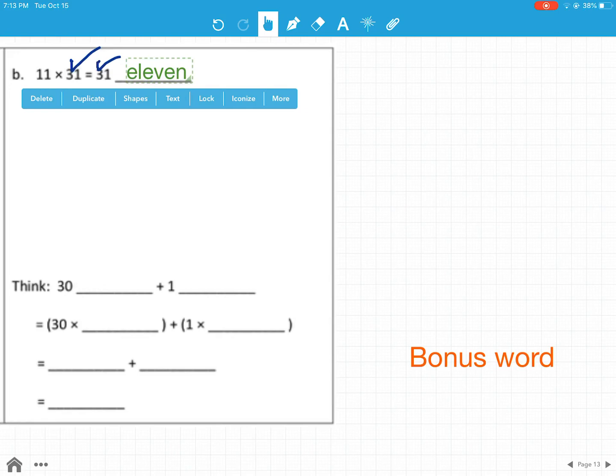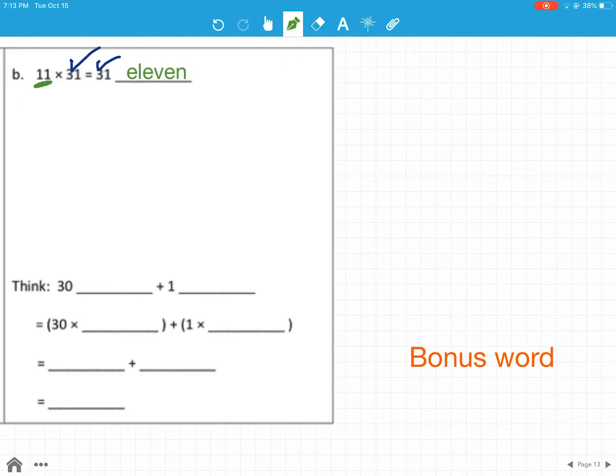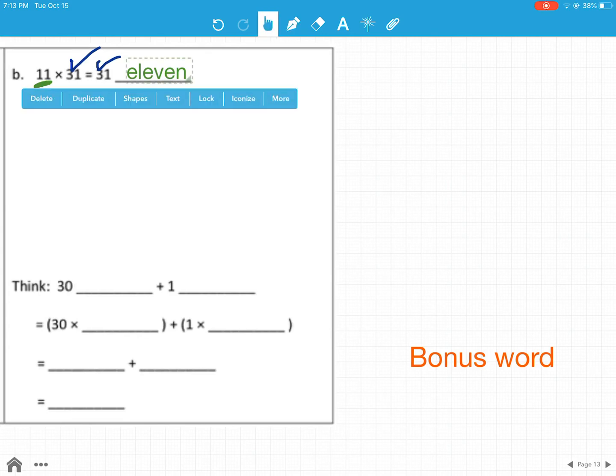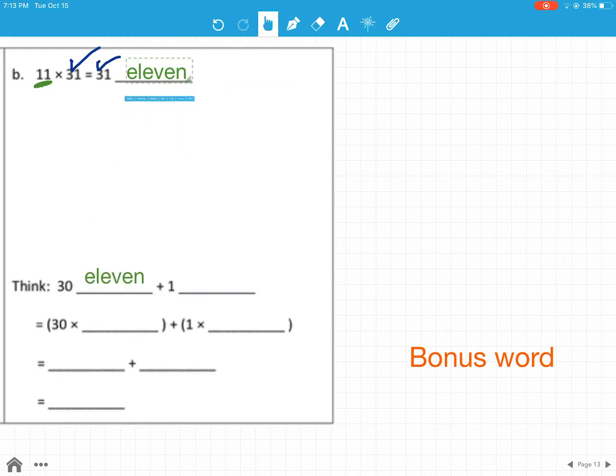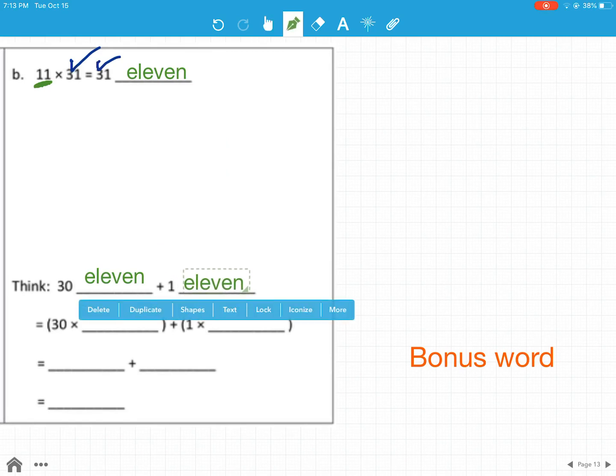So that's going to be our word. And again, we know that because the 11 is not taken care of. So we're going to put 11 down here, and it's going to be here as well, and then numerical form.